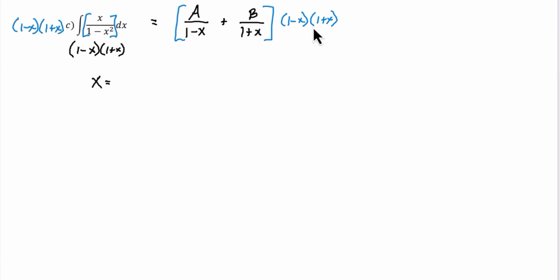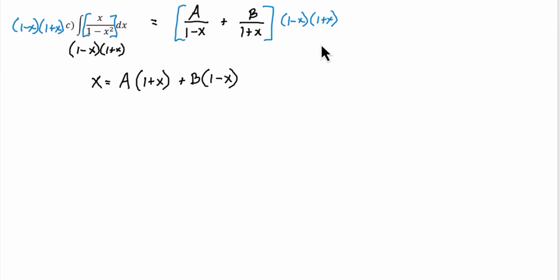Then distributing the LCD with the first fraction, we'll have a. Notice that the 1 minus x will cancel, leaving us with 1 plus x. And then distributing the LCD with the second fraction, we have b times 1 plus x will cancel, which means we're left with 1 minus x.